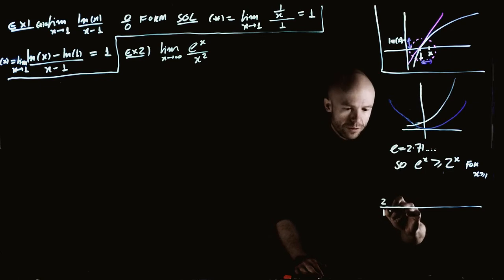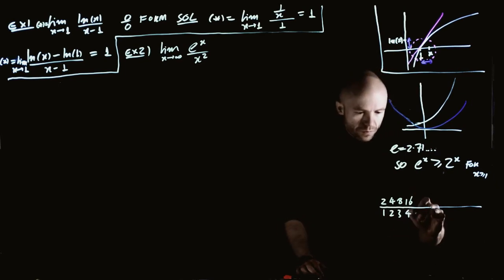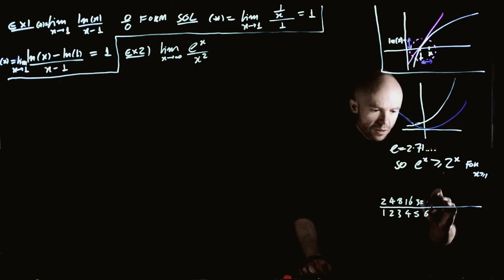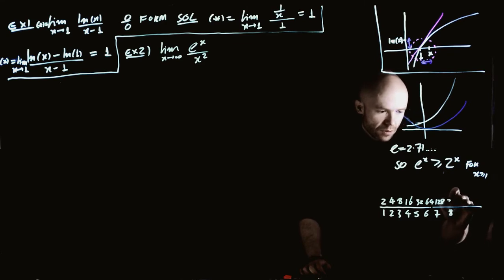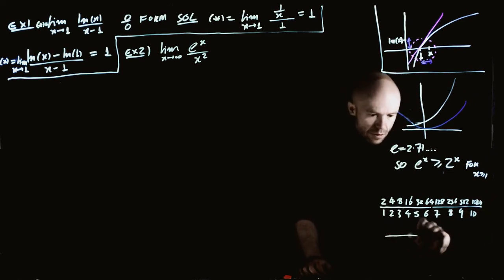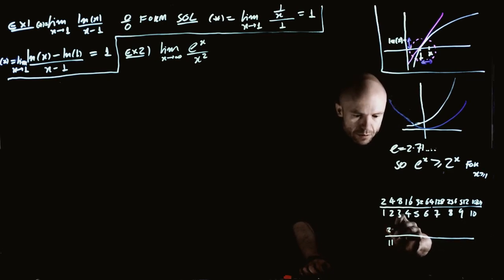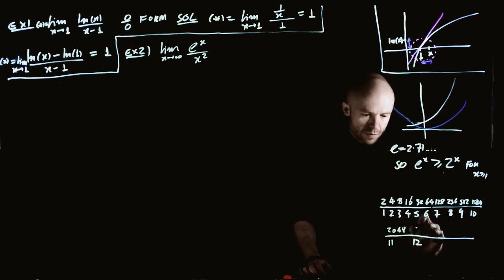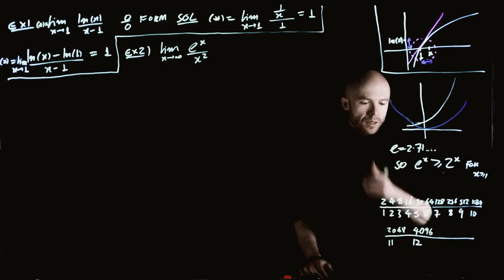So 2 to the 1 is 2, 2 is 4, 3 is 8, 4 is 16, 5 is 32, 6 is 64, 7 is 128, 8 is 256, 9 is 512, 10 is 1024, 11 is 2048, 12 is 4096. Right? Let's just stop there.